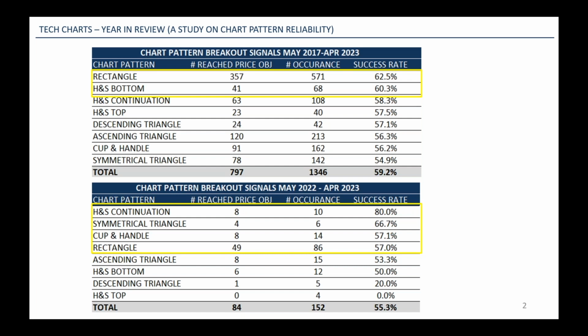Now you can see that the success rate for the past 1 year is lower than the average, which is something that we expected. It's been a really challenging market environment where we had several false breakouts and choppy market price action, and that gave us 55.3%.